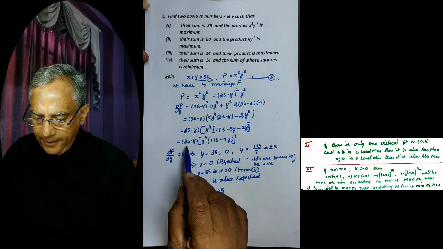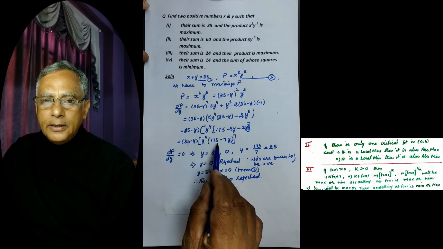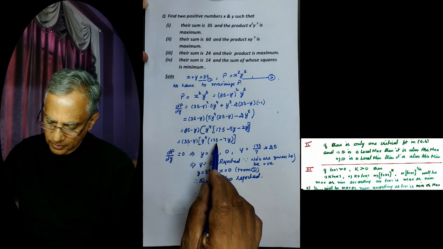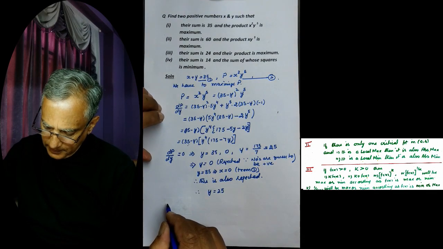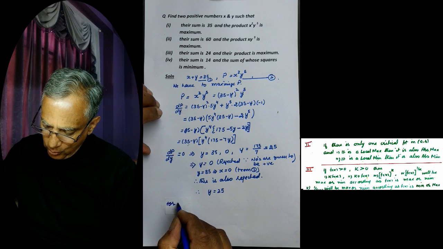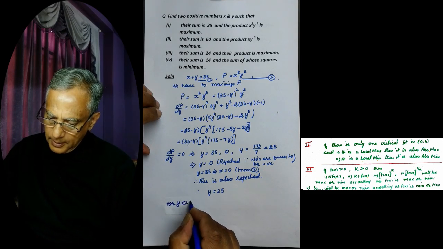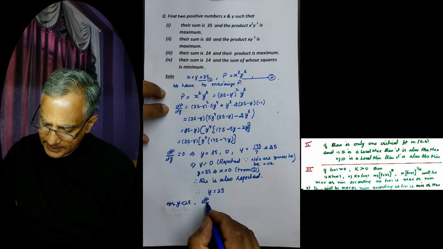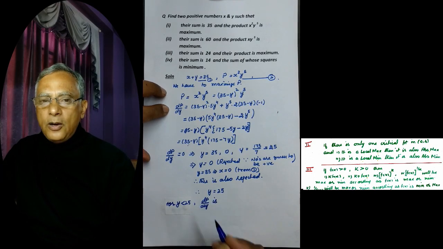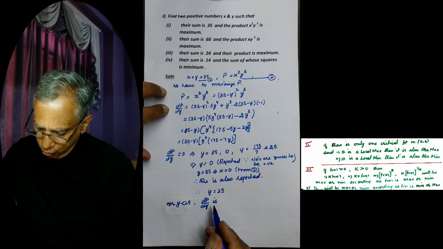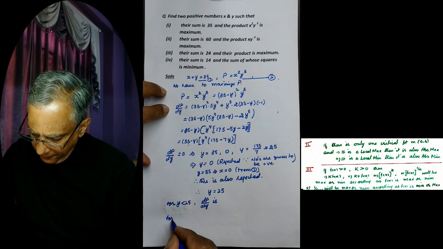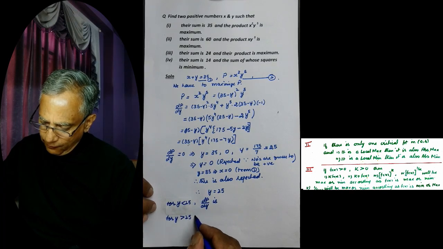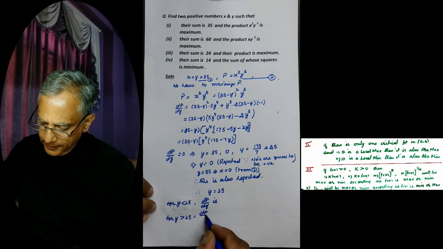So to find the second derivative will be lengthy. So here we use the first derivative test. For y less than 25, we have to determine the sign of the first derivative dp by dy, and for y greater than 25, we again have to find the sign of the first derivative.